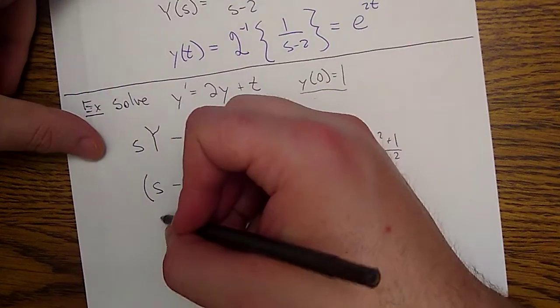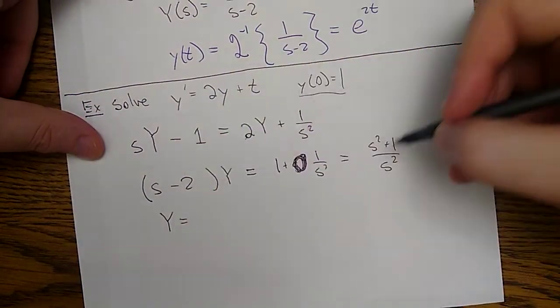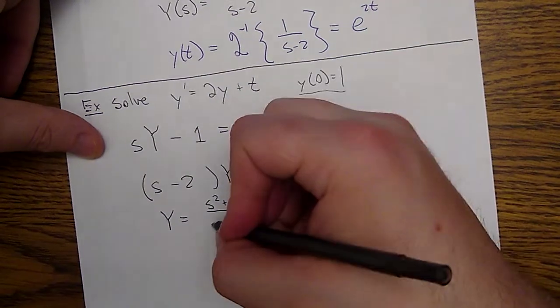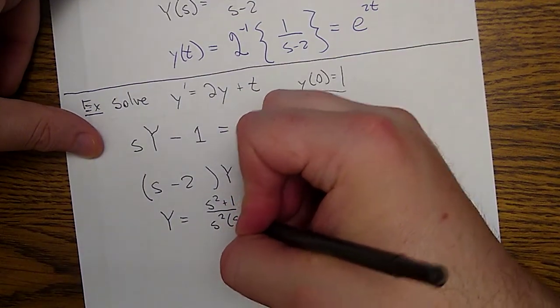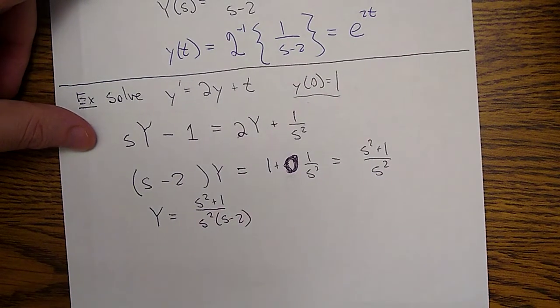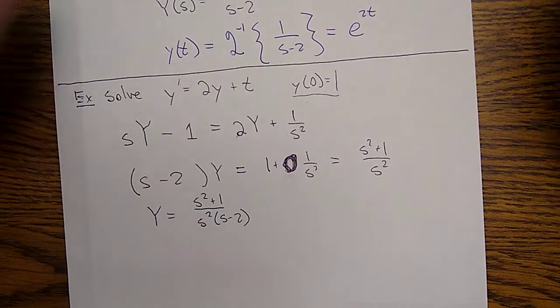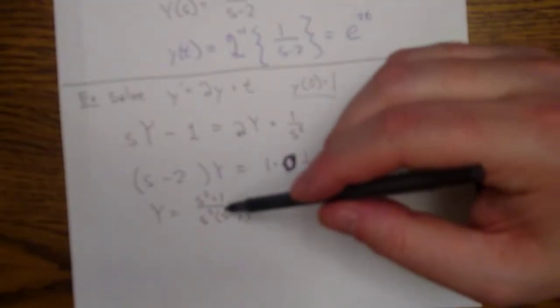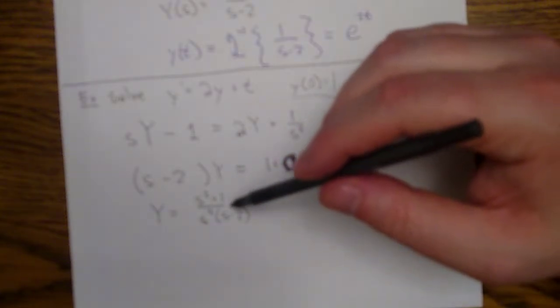So y is s squared plus 1 over s squared times s minus 2. Right? And now we're at this point where this is the Laplace transform of my answer.